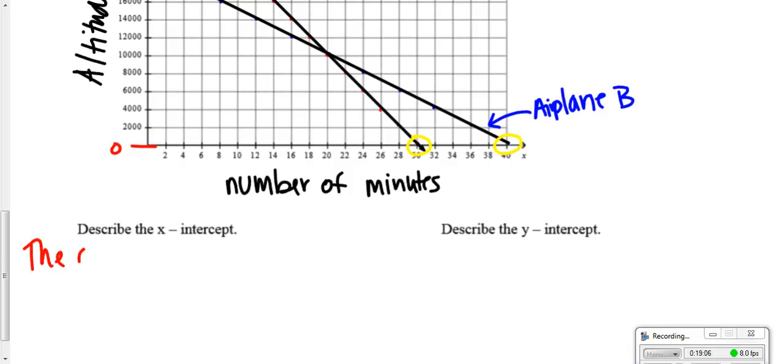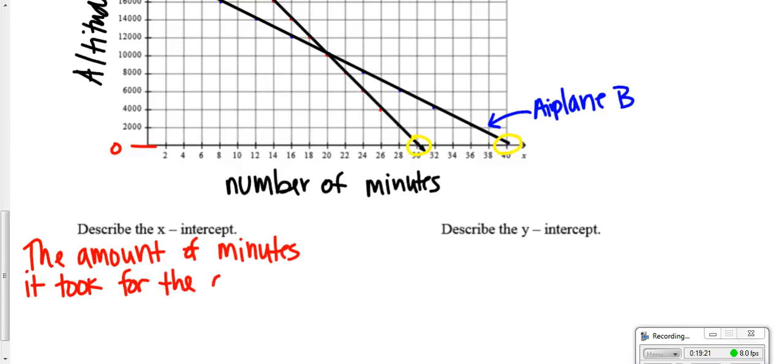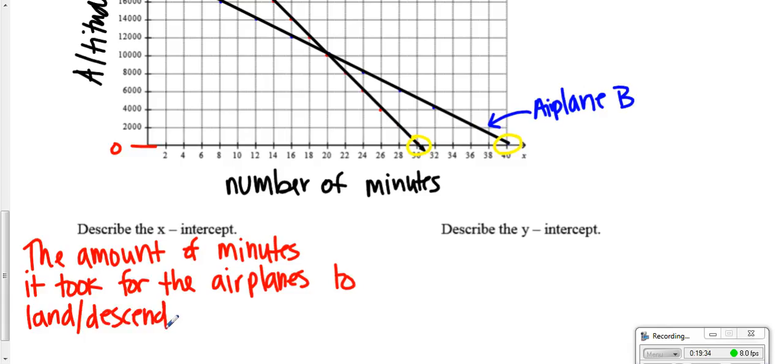Writing down what I just stated, the amount of minutes it took for the airplanes to land, okay, or descend, whichever vocab word you want to use, onto the ground.